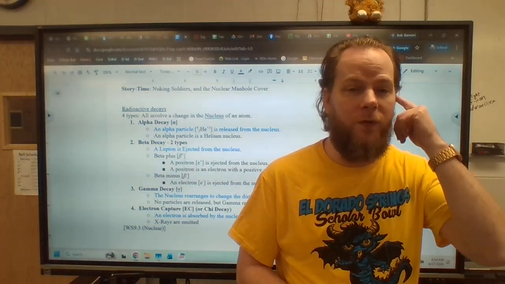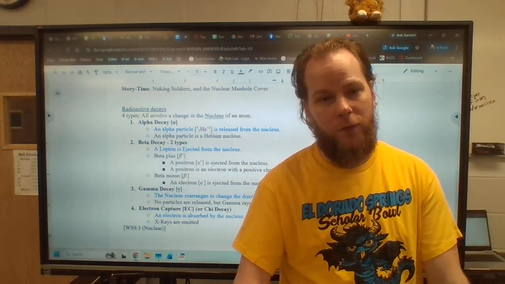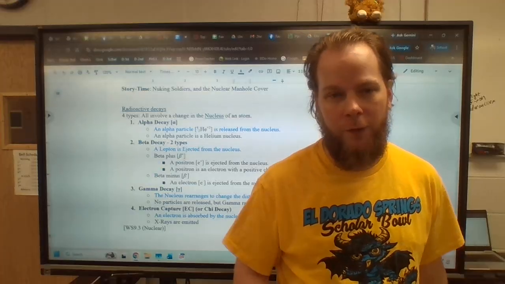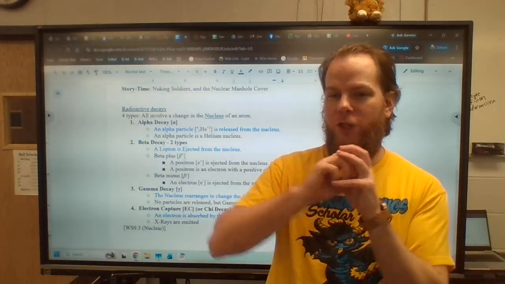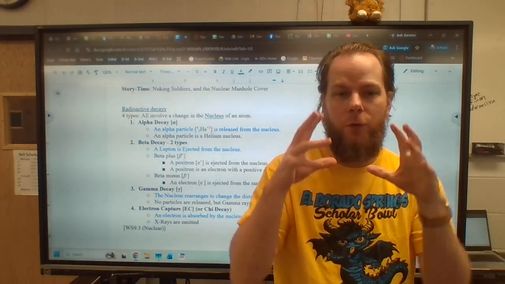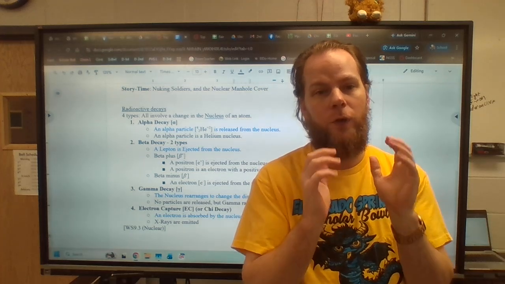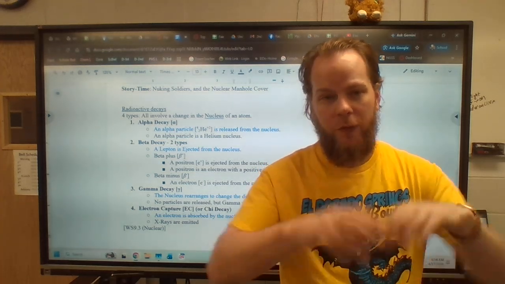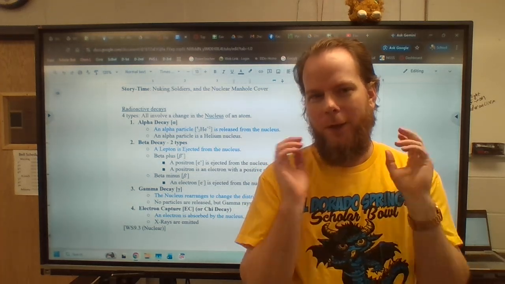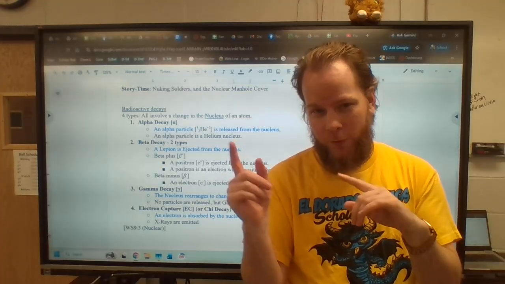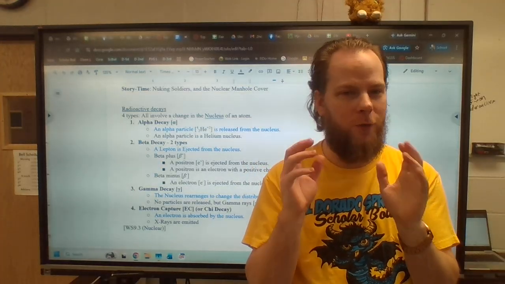Alpha decay emits what's known as a helium nucleus. It is 2 protons and 2 neutrons together. They get shot out of the nucleus to change the proton to neutron ratio in the nucleus. Now, this sounds like it shouldn't do that, but technically it released more protons than neutrons if you look at the ratio.